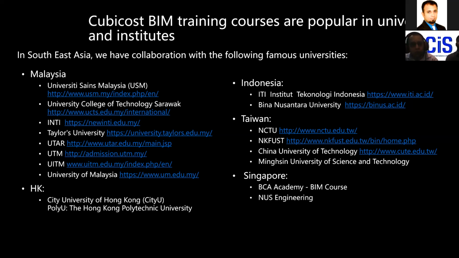Then we have City University of Hong Kong and Polytechnic University of Hong Kong, Indonesian universities, Taiwan has a few universities, and in Singapore the BCA Academy BIM course and NUS Engineering are conducting BIM courses on their part.